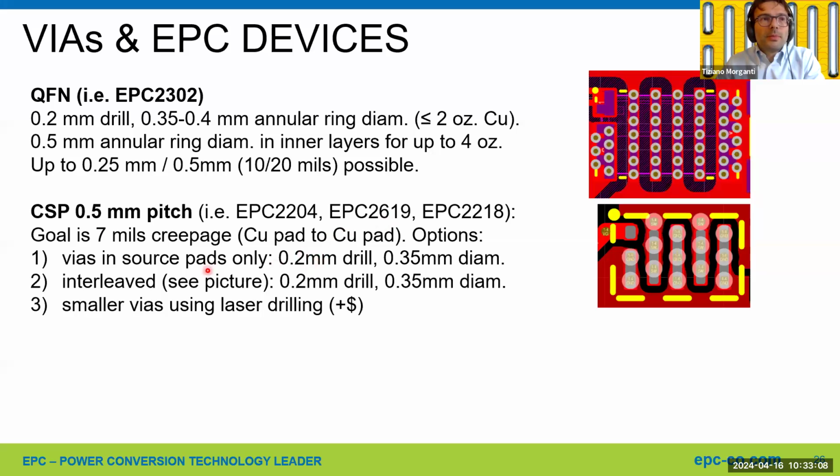The second option, we can interleave the vias, placing them in this zigzag position in order to allow placing them with the standard 0.2 millimeter, 0.35 millimeter via. The third option is to use smaller vias, but most likely this increases the manufacturing cost of the PCB.